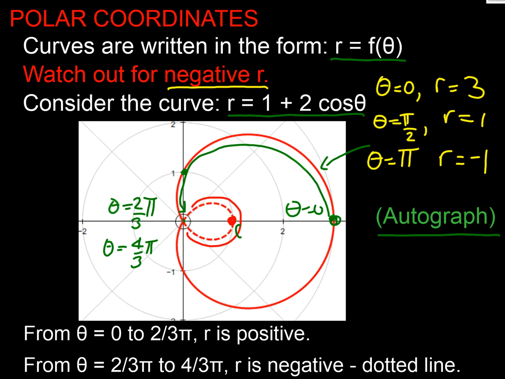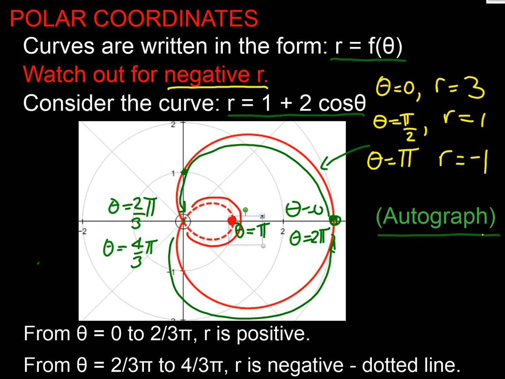And at that point there, theta equals pi, wasn't it? And then as I increase my theta more, I come round back to here, and the curve joins up again when theta equals 2 pi. Okay, so that's what we've got to watch out for.